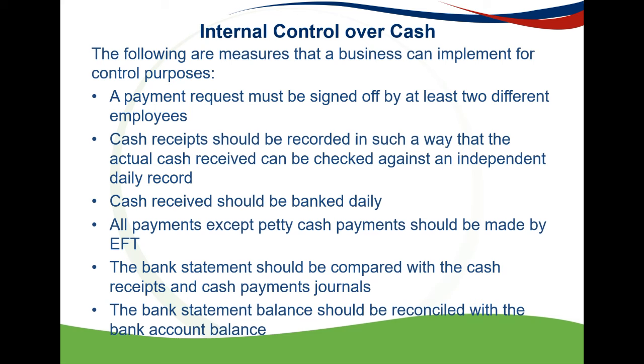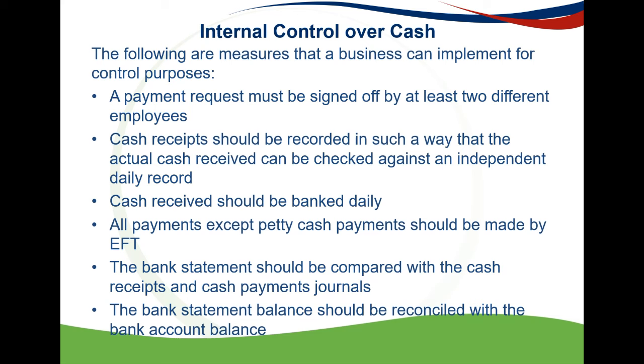So again, it's the segregation of duties where there's more than one person involved with the payment. And by doing it with an EFT, you have full control that the payment that will go through is the amount that was approved.